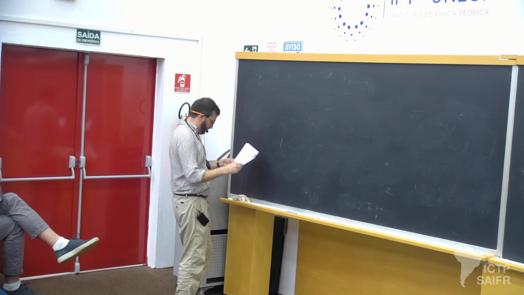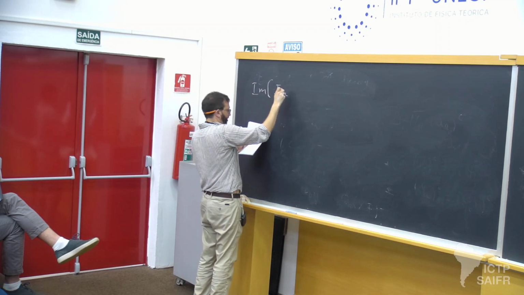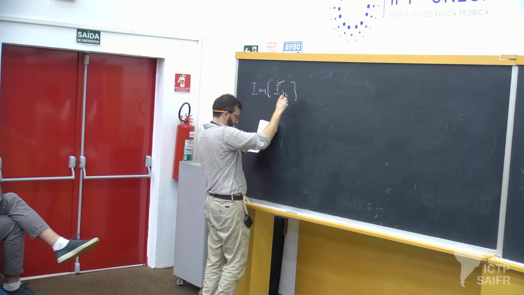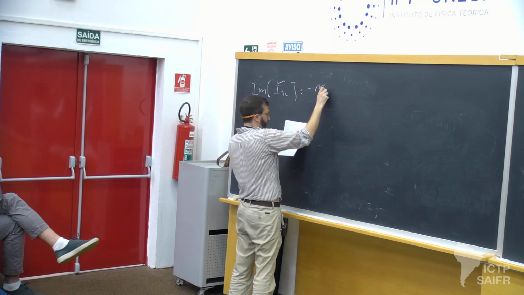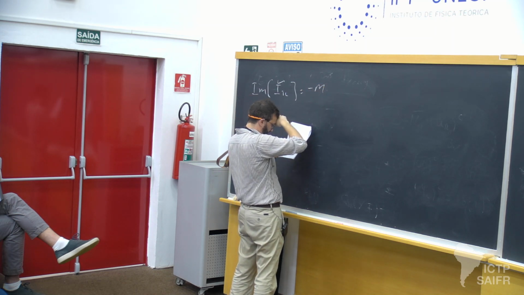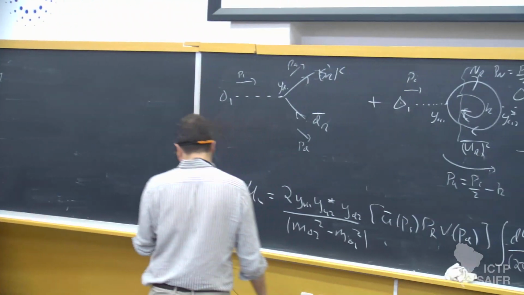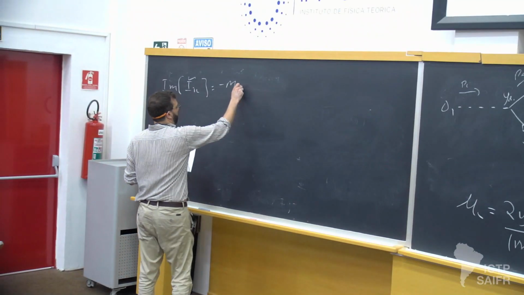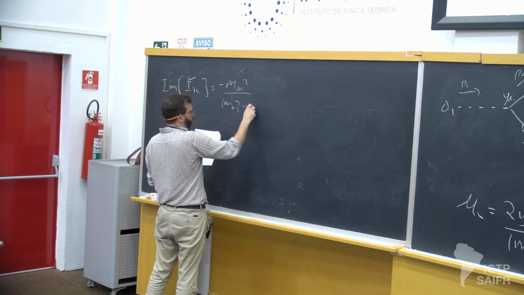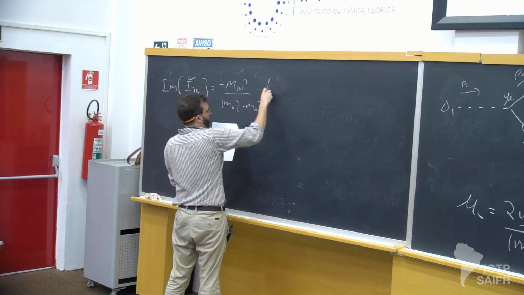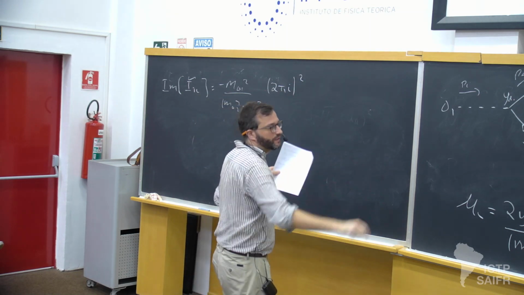So we're going to apply this and find that it equals, what do we have? Negative M_Delta1 squared on M_Delta2 squared minus M_Delta1 squared, times 2 pi i squared from Cutkosky rule number 2.